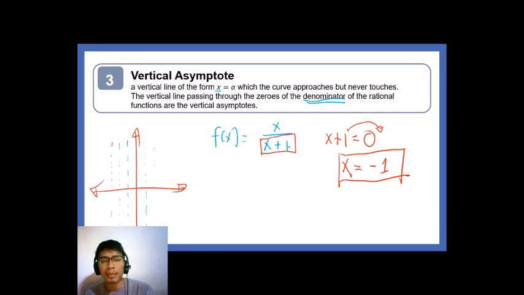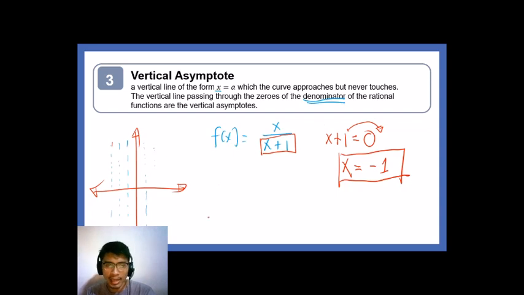Again, to identify the vertical asymptote, you simply observe whatever is in the denominator. Since in my problem that is x plus 1, you equate that to 0. After that, you transfer all the constant terms to the other side. From positive 1, it becomes negative 1. Therefore, my vertical asymptote is x is equal to negative 1.